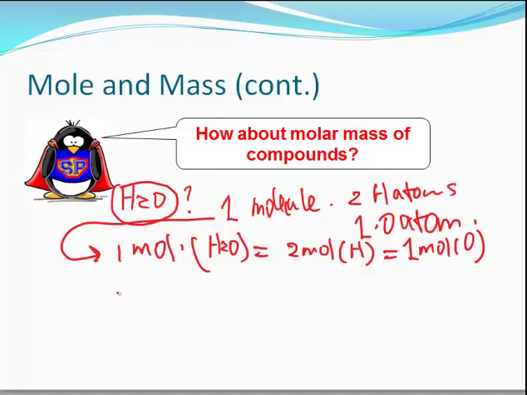In this case, if you have 1 mole of water, you have 2 moles of hydrogen, and you can convert these 2 moles of hydrogen into grams of hydrogen.